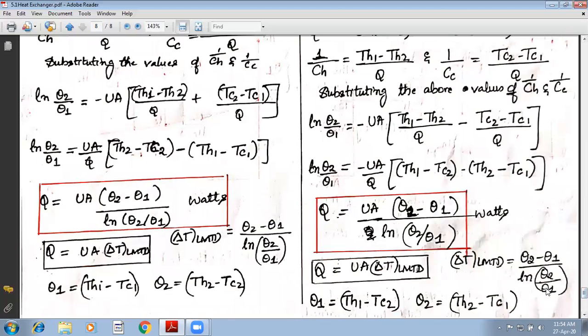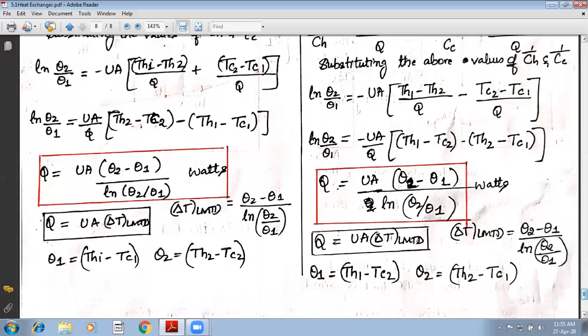I'm repeating, it is the same as theta 1 minus theta 2 divided by ln of theta 1 by theta 2. It makes no difference to the value.